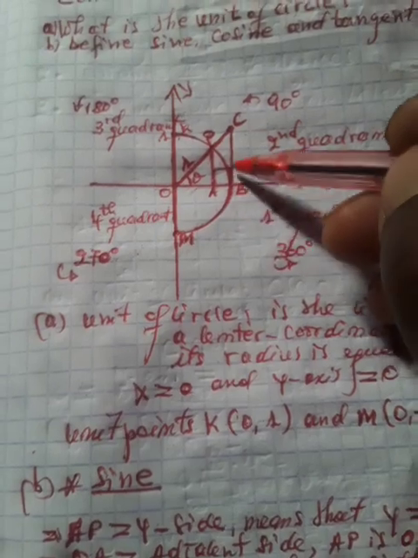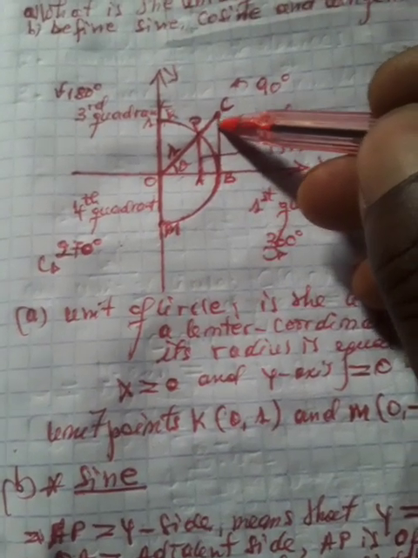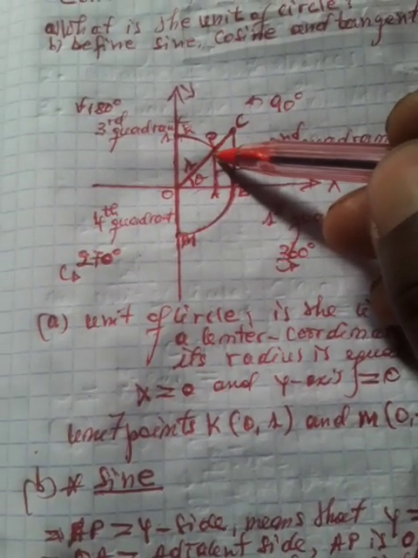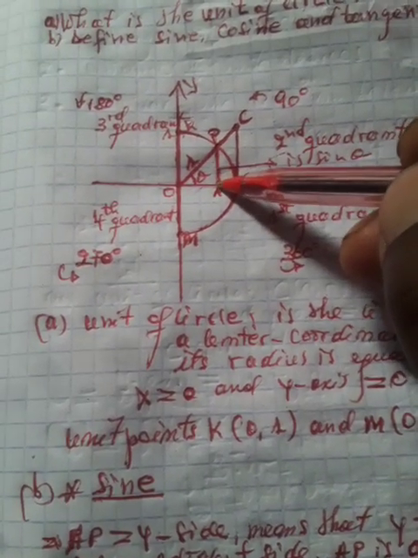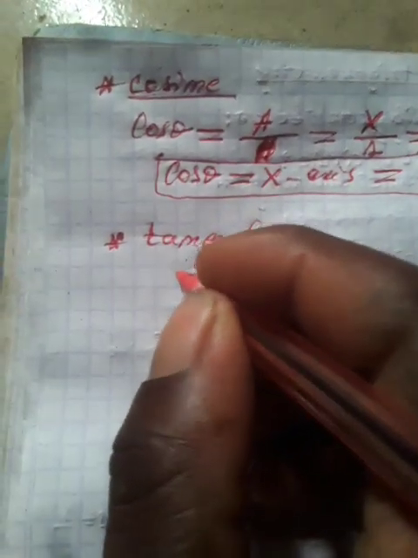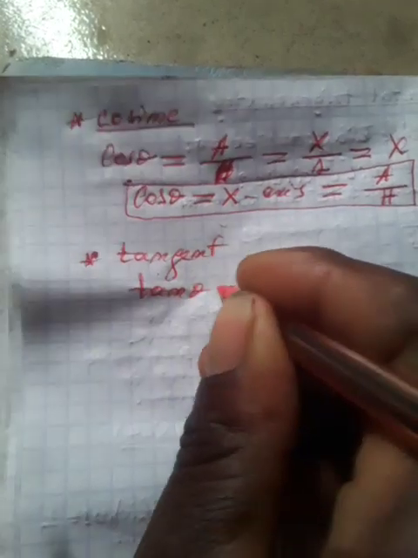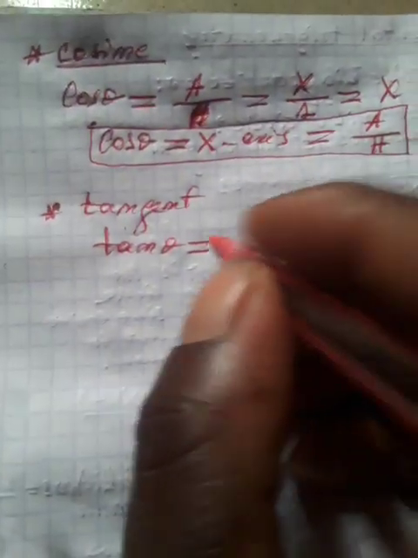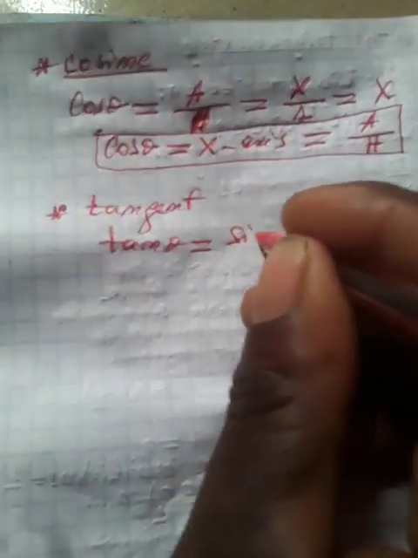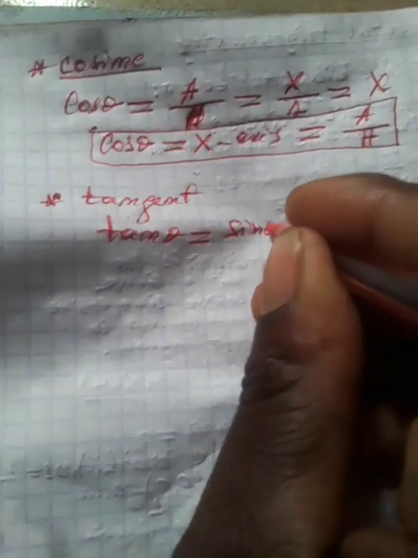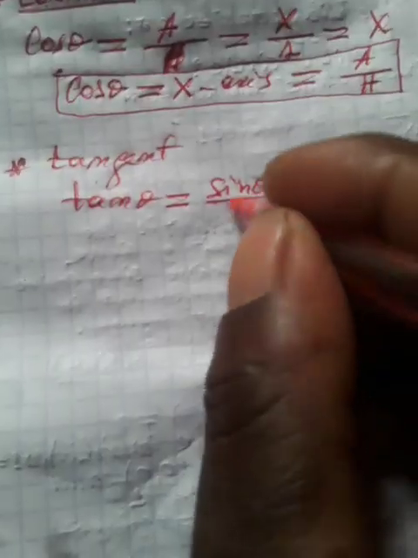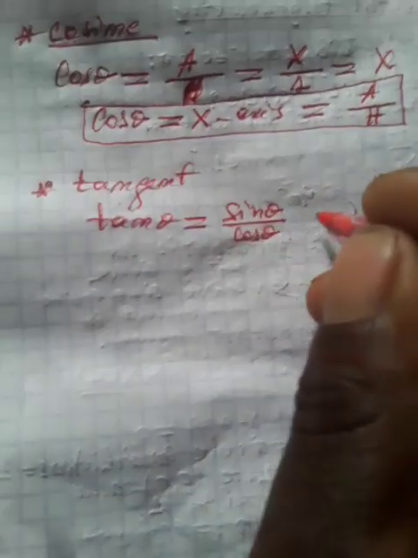How to define tan theta? Tan theta is equal to sine theta over cos theta.